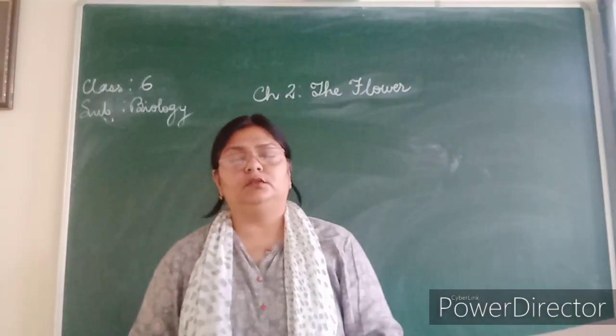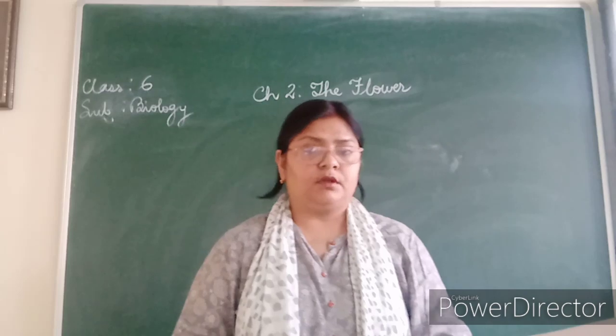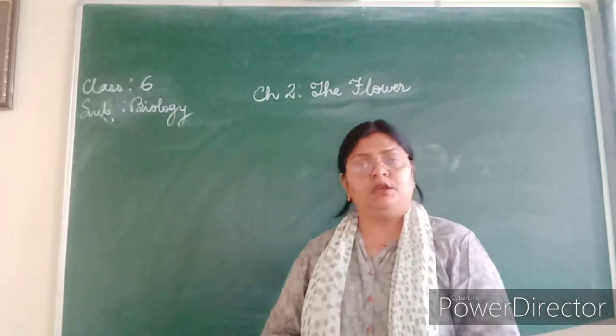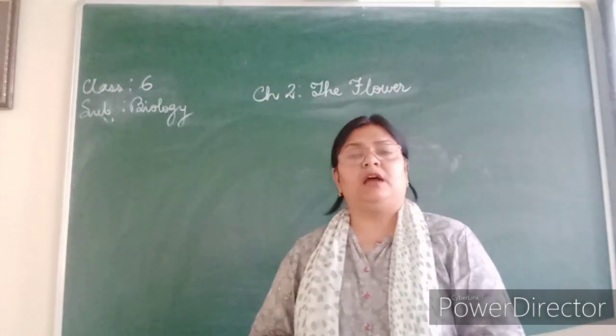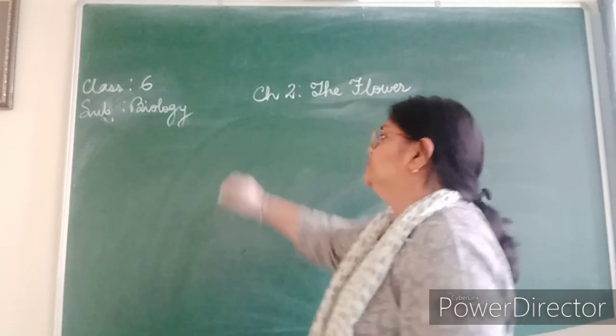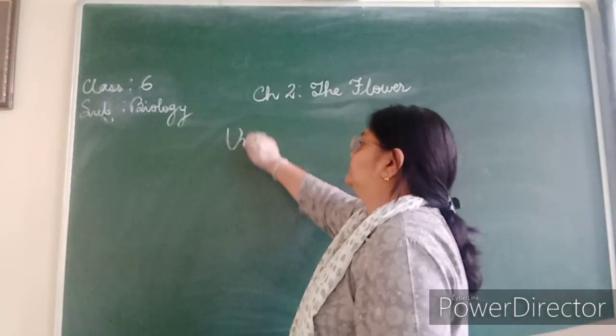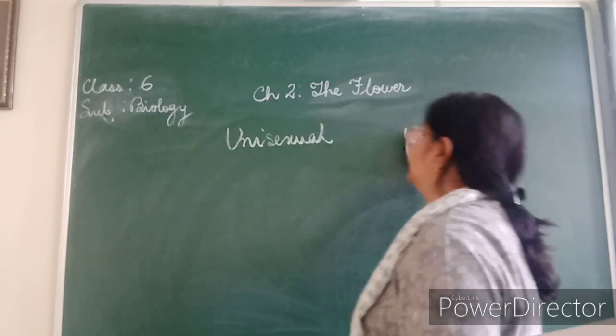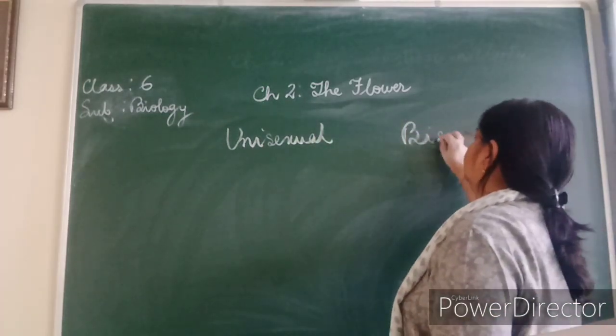Now we will talk about the two types of flowers. Okay, so based on the presence of the whorls, the flowers can be grouped into two types. One is unisexual, other is bisexual.